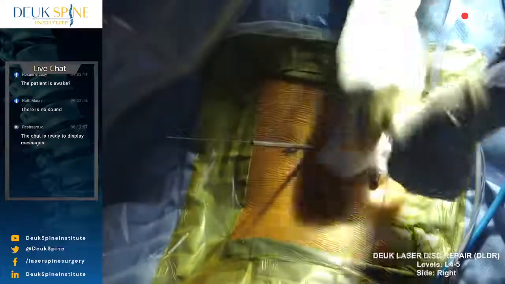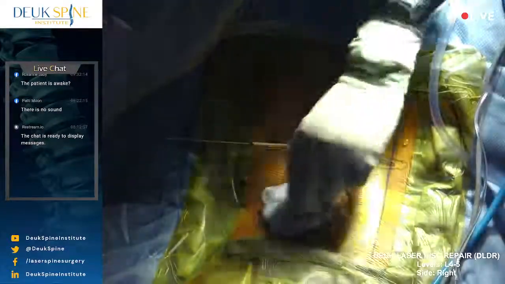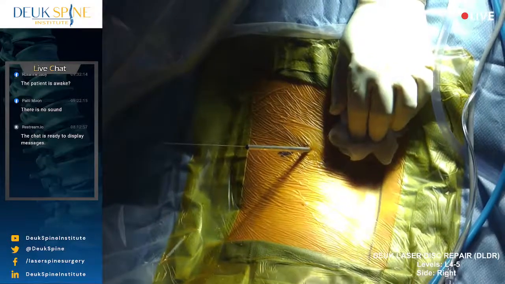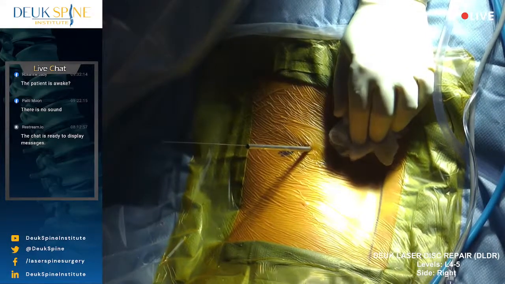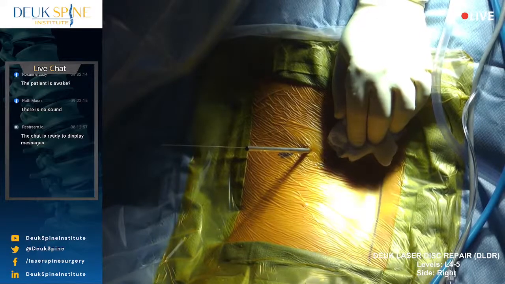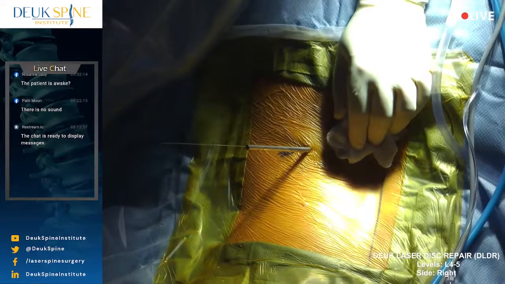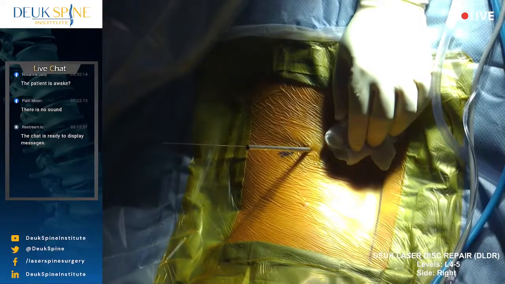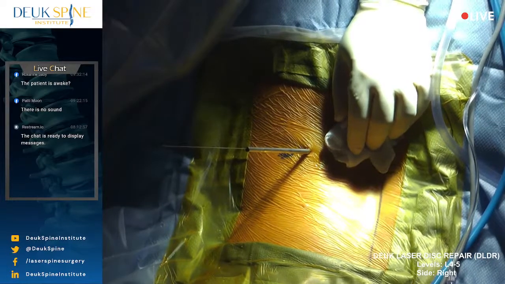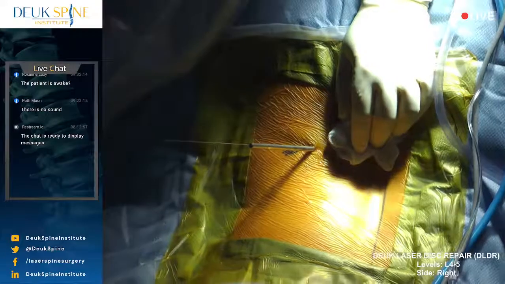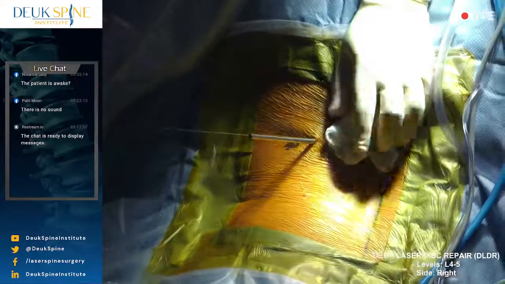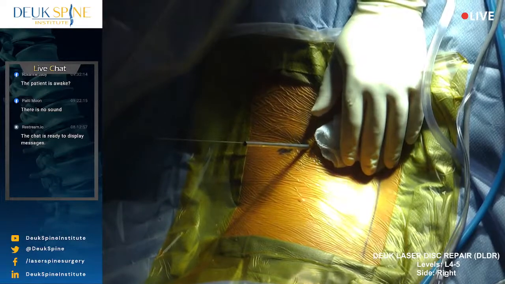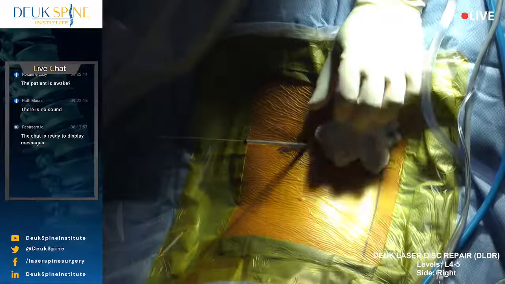So we're just going to wait a minute for the anesthesiologist to get him where she feels he's optimized. The goal again is to make the patient comfortable but not over-sedate. Lay still. Take your time.